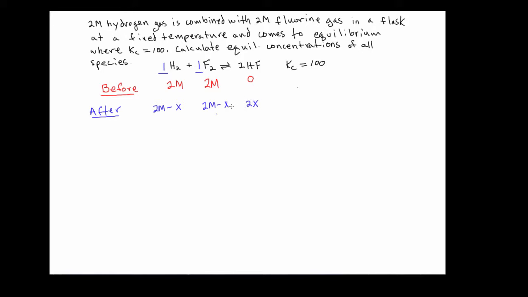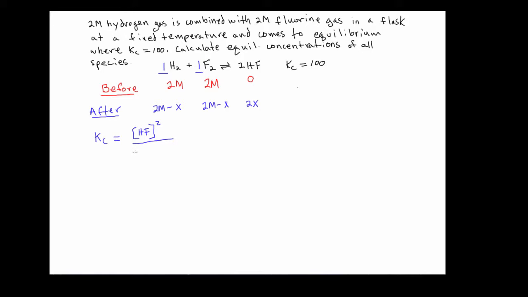We can go ahead and write our equilibrium expression. I always start off by writing the expression with no numbers. So Kc is going to be equal to the concentration. We're in molarity here, so we're not dealing with partial pressures. We use square brackets to indicate the molarity, and it'll be square bracket HF raised to the second power based on the coefficient, law of mass action.